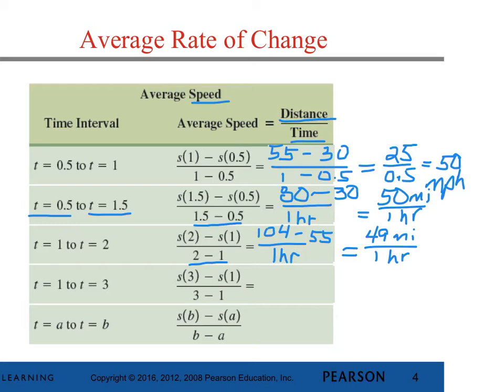Similarly, if you want to know your average speed from the end of hour 1 to the end of hour 3, from the end of hour 1 to the end of hour 3 we've gone 3 minus 1, or 2 hours. And at the end of 3 hours of travel, we had traveled 138 miles, whereas at the end of the first hour, we had traveled 55 miles.